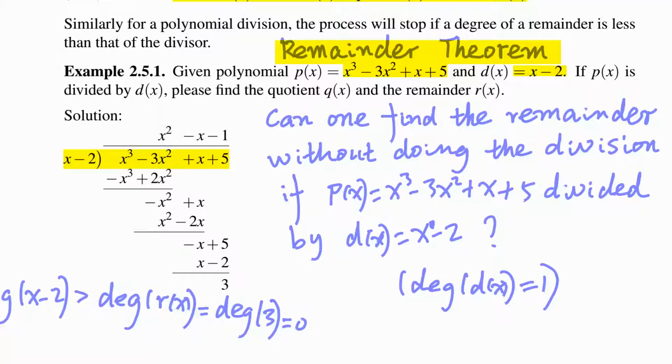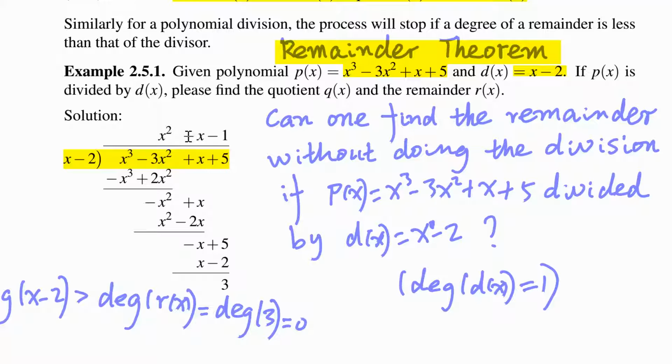It's like with 1 times 7 being positive, we still do subtraction. The same. So x cubed cancels, and then negative 3x squared combined with positive 2x squared gives negative x squared.